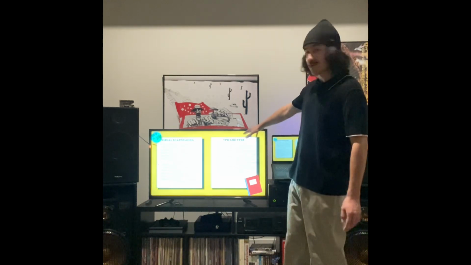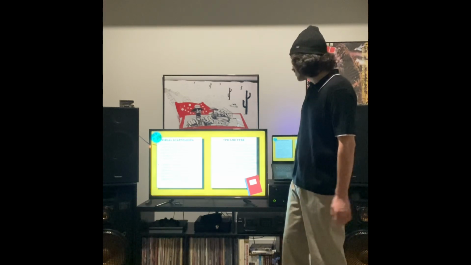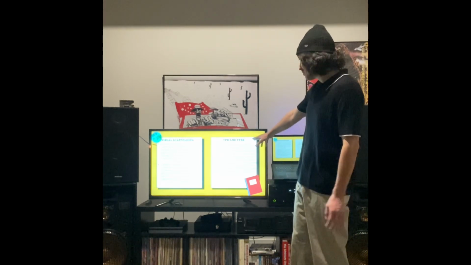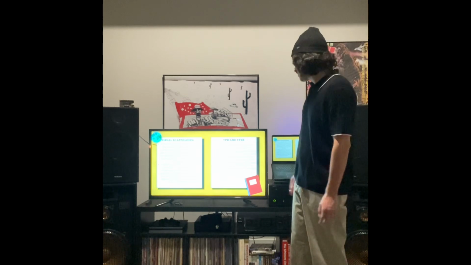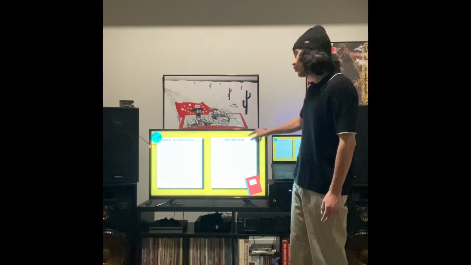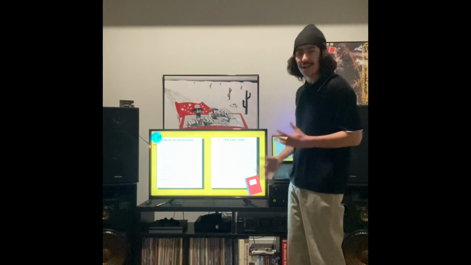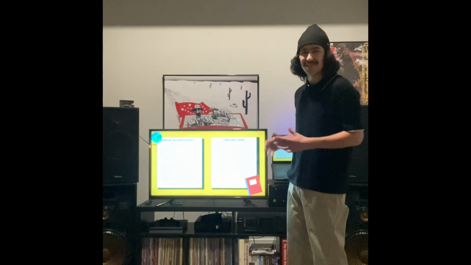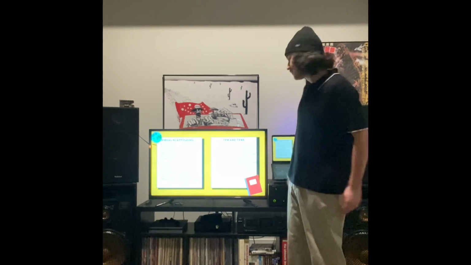So now let's move on to TPR and TPRS. For my first example, I said action commands. What I would do is teach verbs or prepositions through physical movement. Get them out of their seats, full body, get them moving, especially when they're sitting there at the desk all day and you can tell they're ready to move.